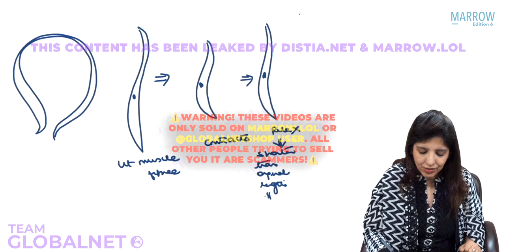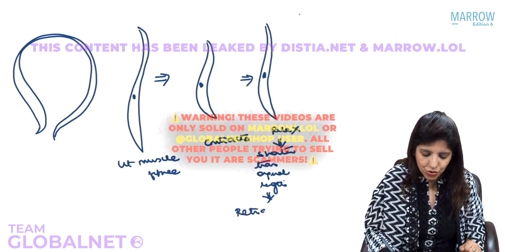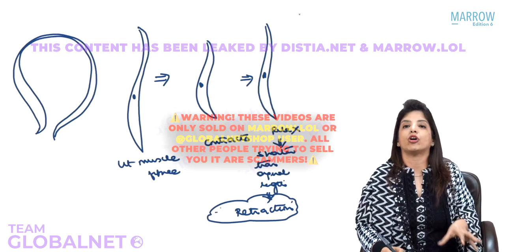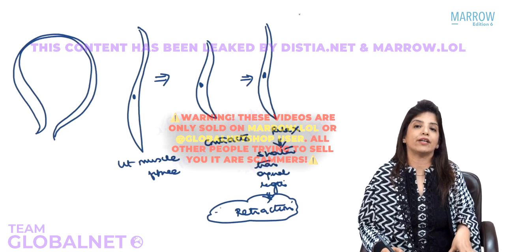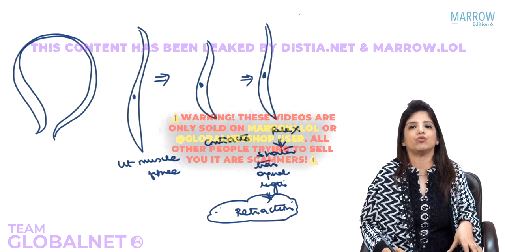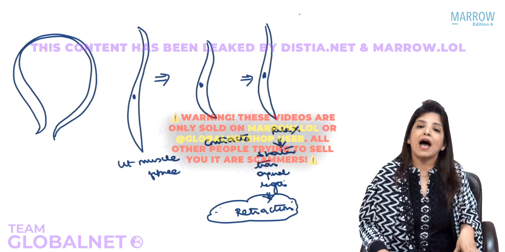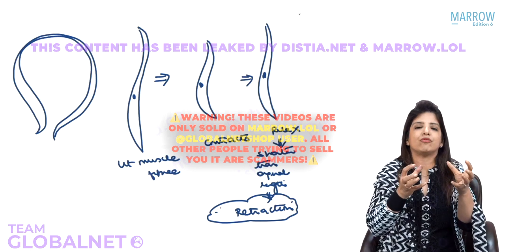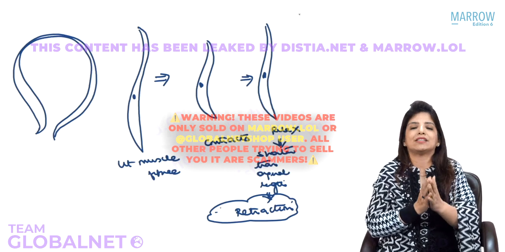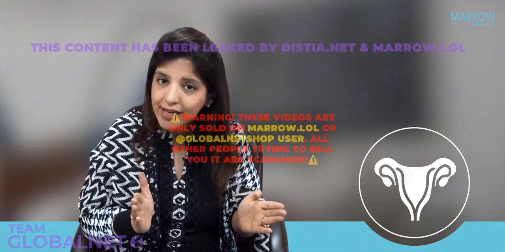Clear? And this is what is called retraction. So another very important property of uterine contractions is that they lead to retraction of the uterine muscle fibers. And because the uterine muscle fibers retract, that is why the cervix dilates, right?